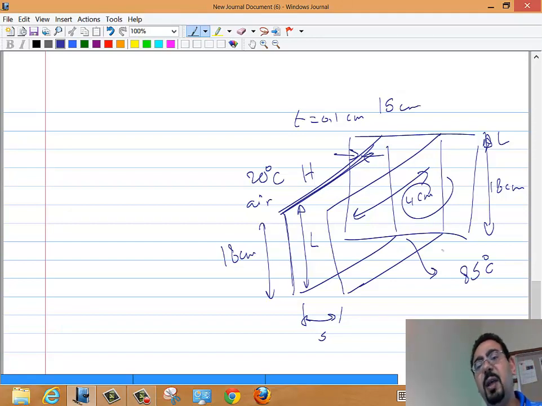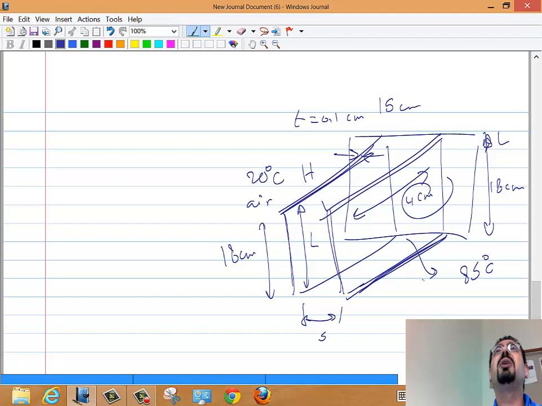But if the conduction of this material is really big and the fin is really small, probably the conduction will be able to catch up and he can maintain the whole thing at the base temperature. So it's not that horrible an approximation, especially if the fin is not really that long and if the material is such that K is really high and H is really small, then don't kill yourself over that assumption. It's okay to assume that the whole thing is at 85 degrees C.